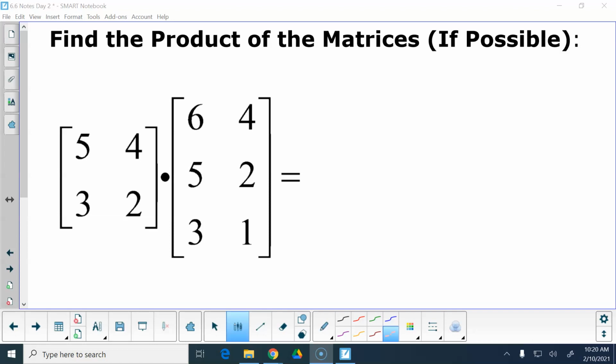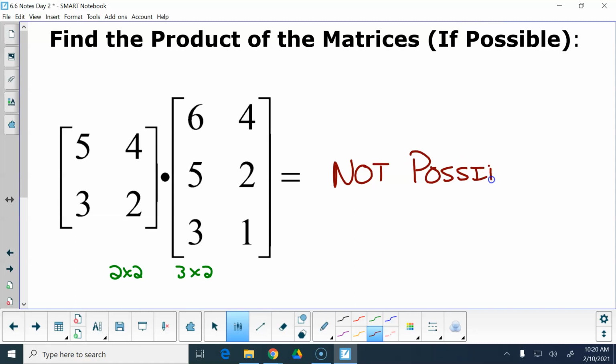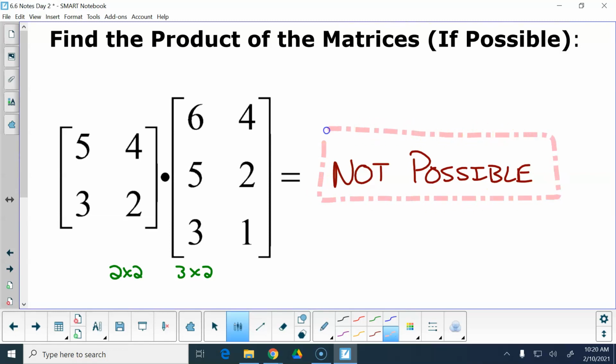So what's the dimensions of the first one? Second one? So the result is? Because of those two middle numbers.